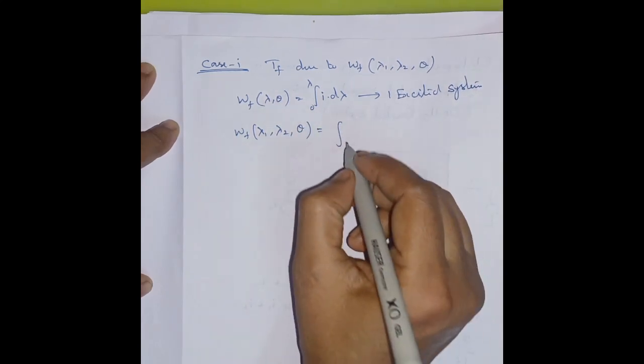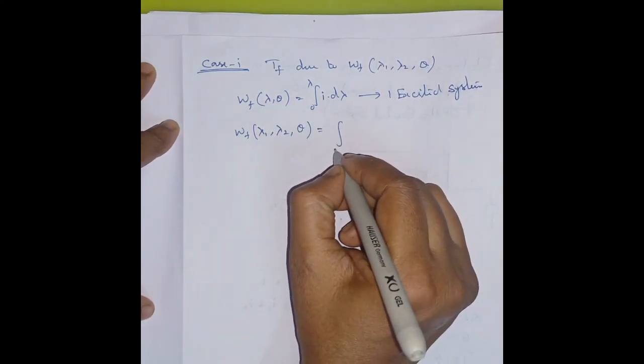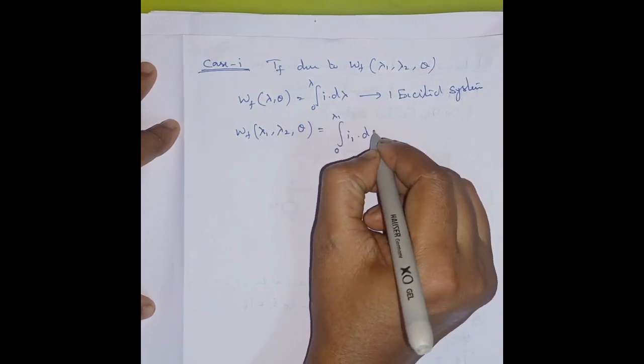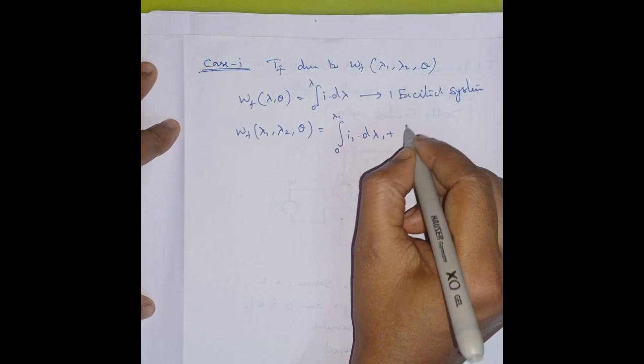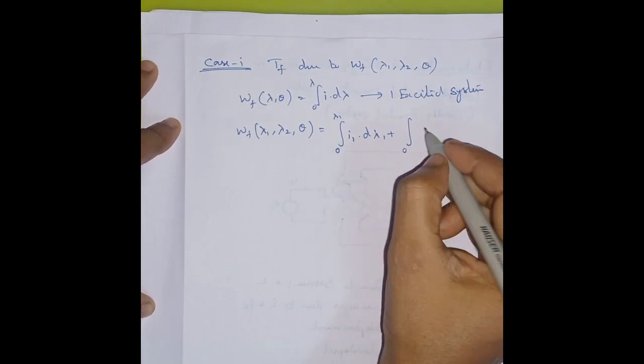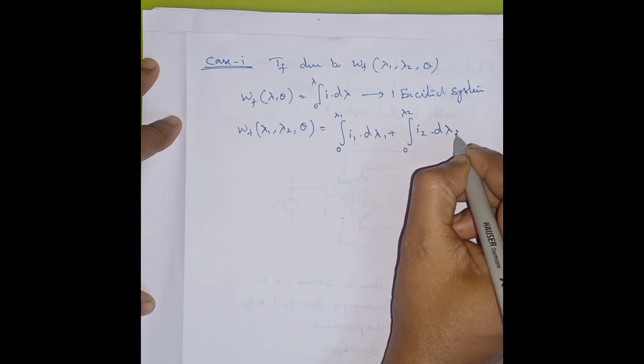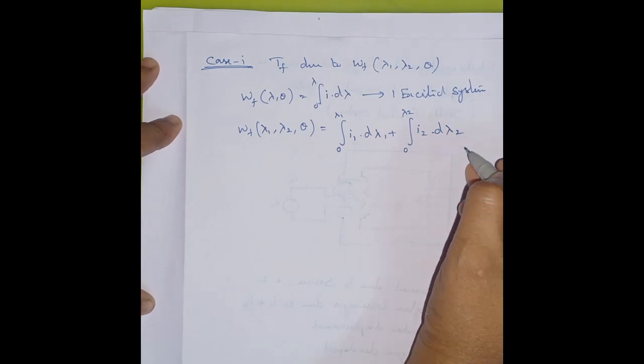How can we write this? As the integral from 0 to lambda 1 of I1 d lambda 1, correct? Plus for the second source, the integral from 0 to lambda 2 of I2 d lambda 2, correct?